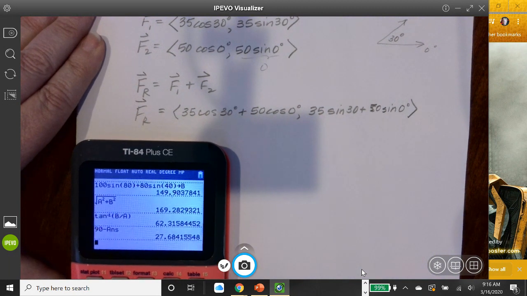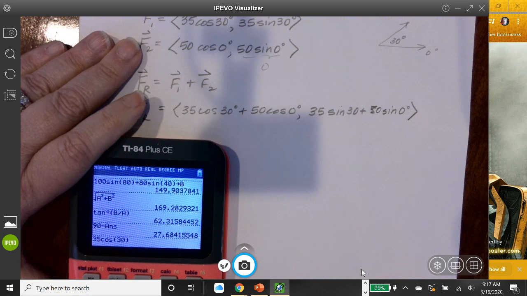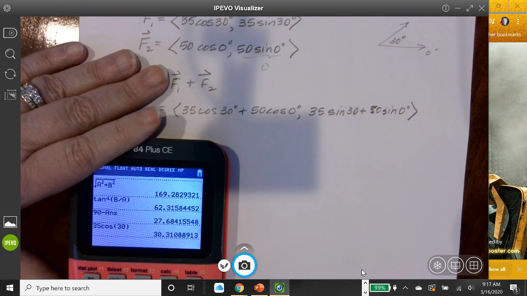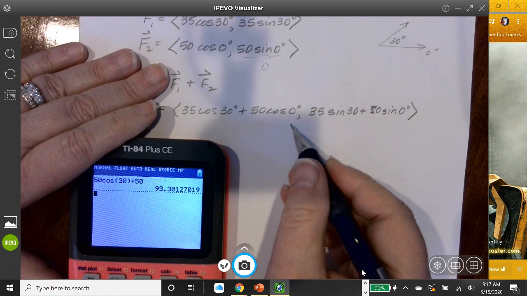Okay, so on the calculator, I'm sorry, we're going to clear this out. 35 times the cosine of 30 degrees plus 50, because cosine of 0 is 1.